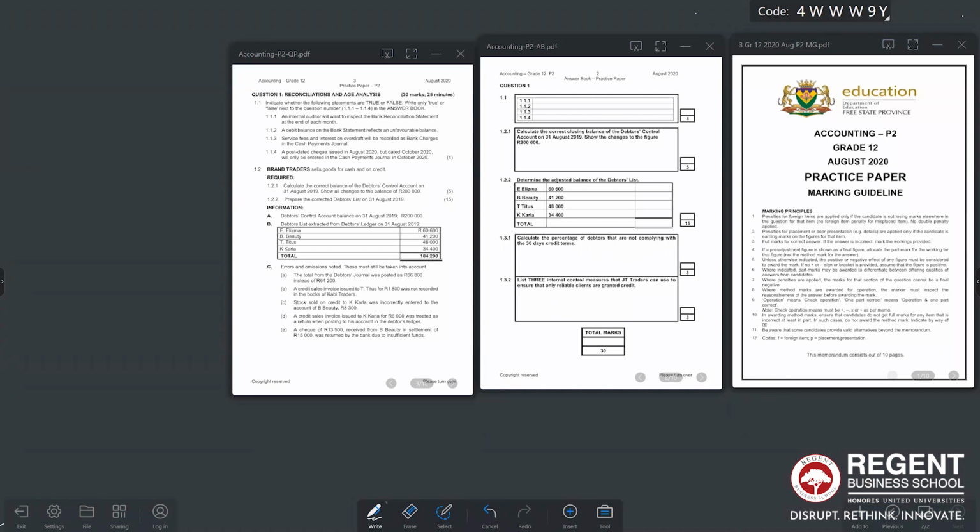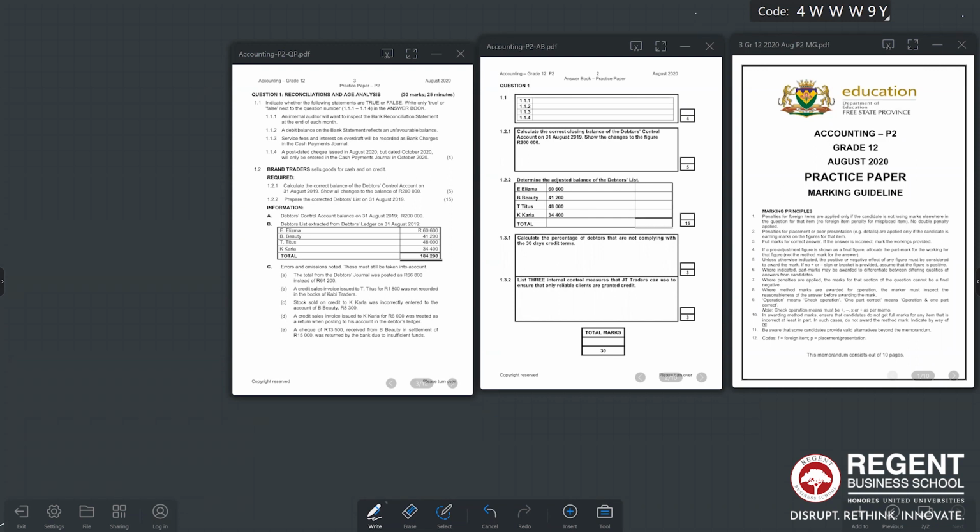So you must be able to identify whether it affects the control account or whether it's going to have an effect on the individual debtors account. Now, if a transaction is left out altogether and was not recorded, then it will have an effect on the debtors account as well as on the control account.